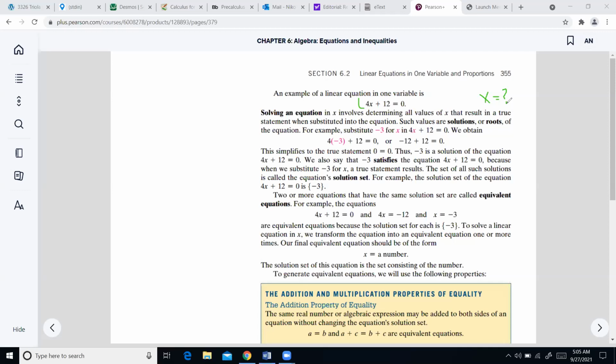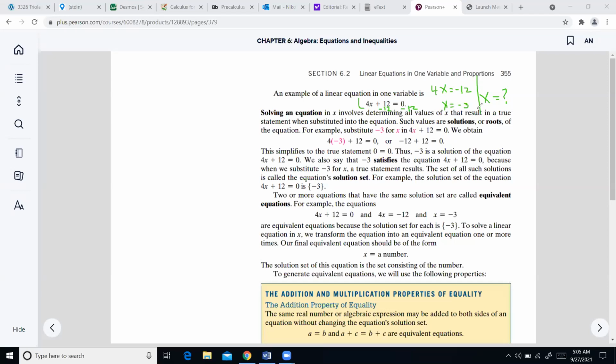And here, for example, we subtract 12 on both sides of this little equation when we start solving it, right? So we're going to have 4x, which is equal to -12. Then I divide both sides of the equation by 4 and get -3 as the answer.